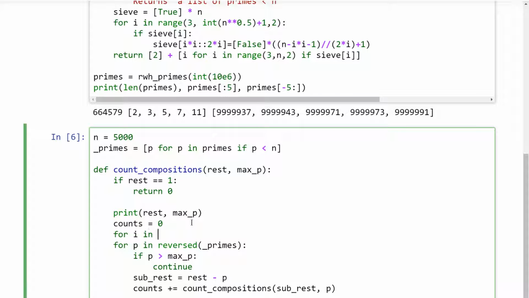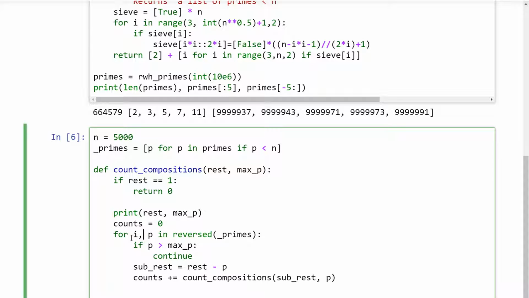For i in range, then maybe you can do enumerate and do primes e plus 1. For p in reversed primes, we do for e, p in enumerate reversed primes, and then we do composition e plus.